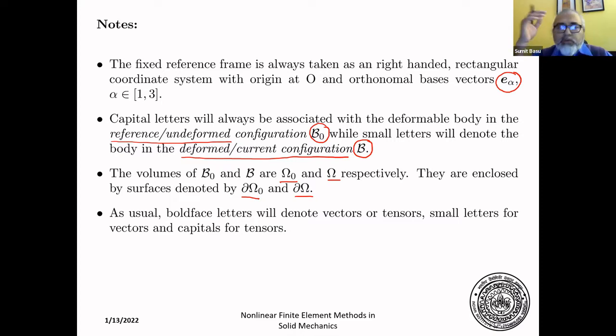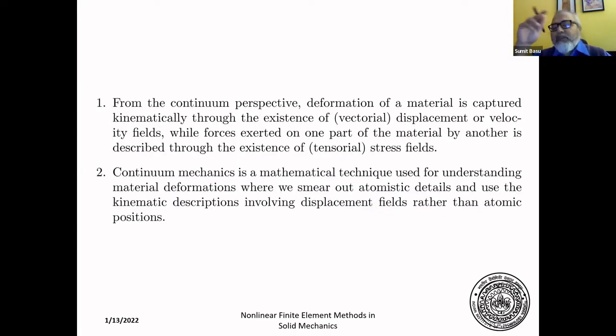What we are going to look at is continuum mechanics, and we will take a quick tour through continuum mechanics. Not very quick, but quicker than in a normal course on continuum mechanics. So continuum mechanics is a technique which is used for understanding the material deformations and the forces that are needed to cause those deformations by smearing out the atomistic details.